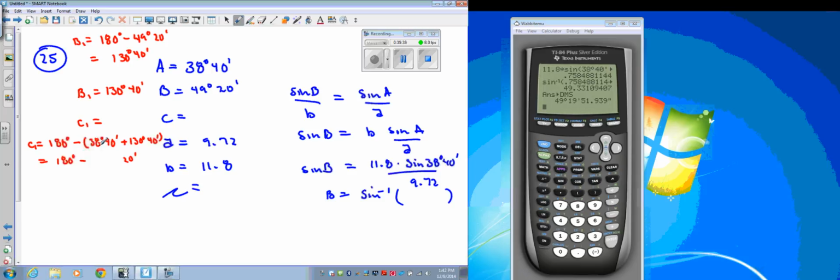So then that's 169, and then it should be 40 minutes. That's 79, so that's 10. Is that right? 10 degrees, 40.